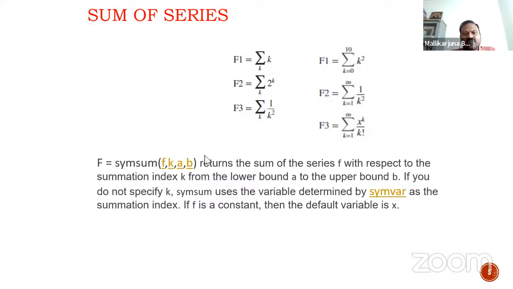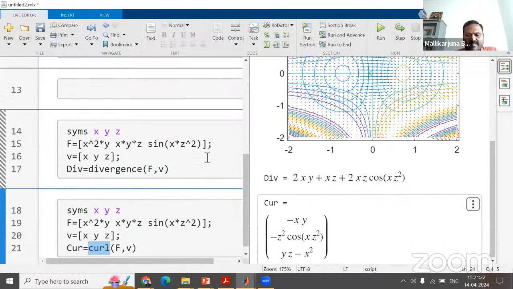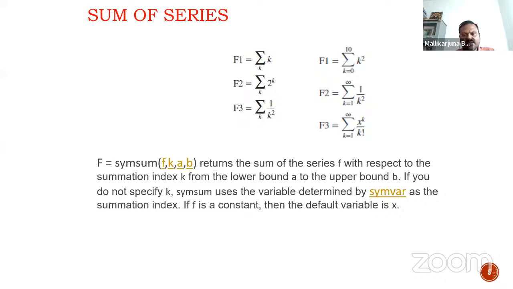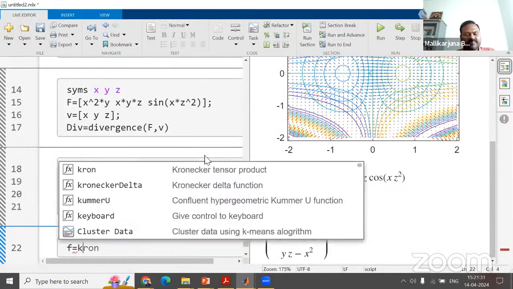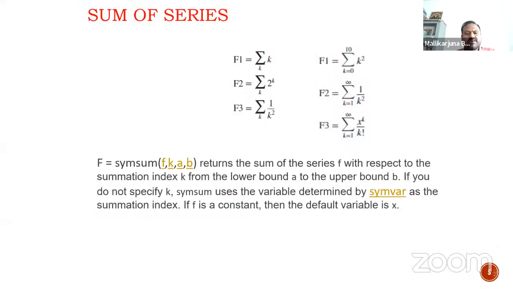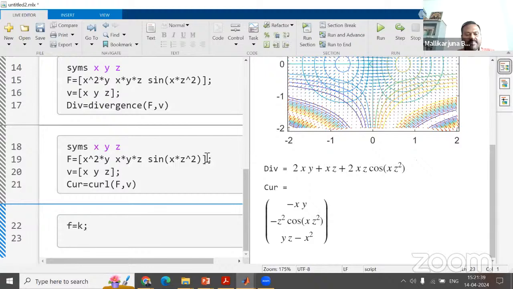Okay. First here, what is the function? Here the function is simply k. But we need to define this k as a symbol.